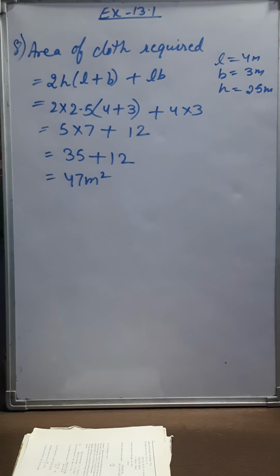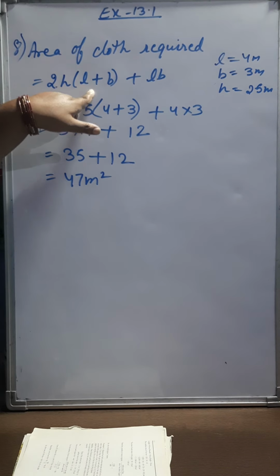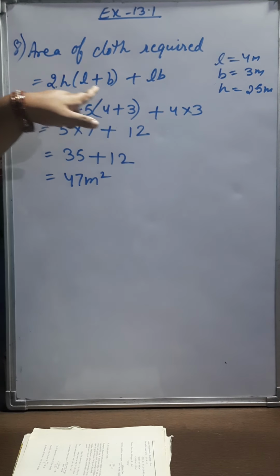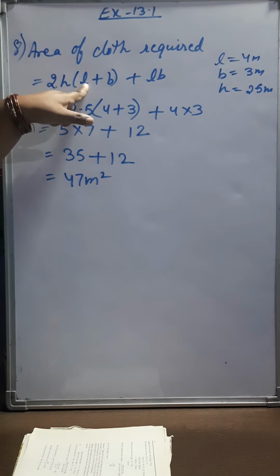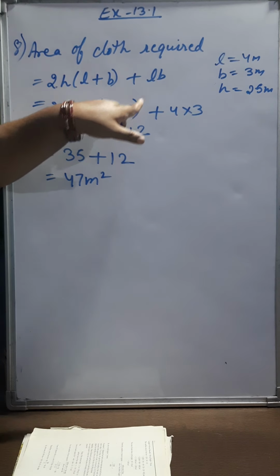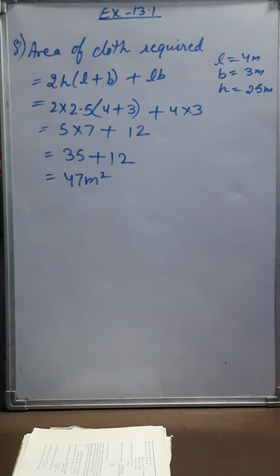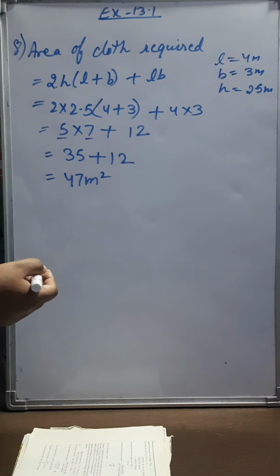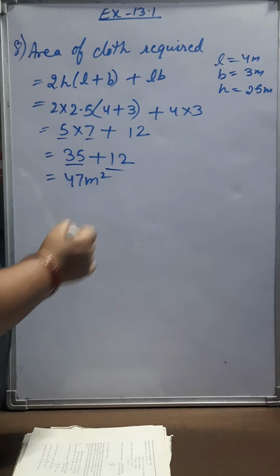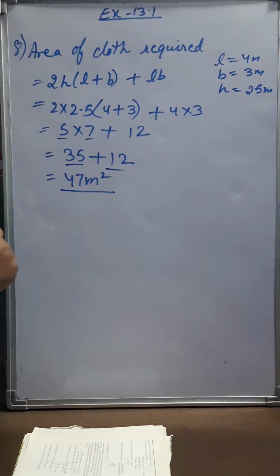So for the area of cloth required, we will take all the four walls plus the area of the ceiling, which I wrote here as 2h(L plus B) plus LB. So h is 2.5, L is 4, breadth 3 and length into breadth is 4 into 3. When you calculate, you will get 5 into 7 plus 12. So we have 35 plus 12. So we are getting 47 meters square.